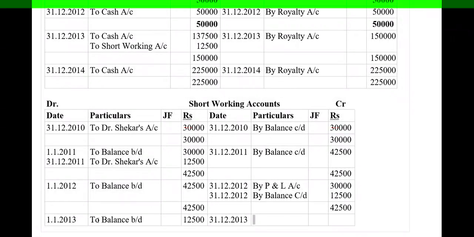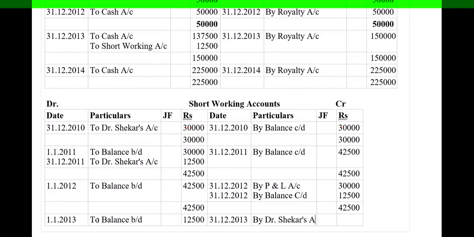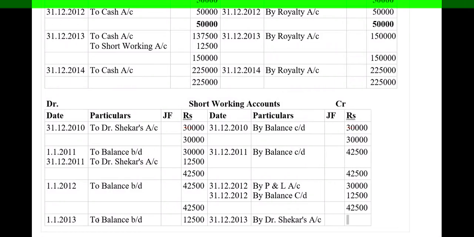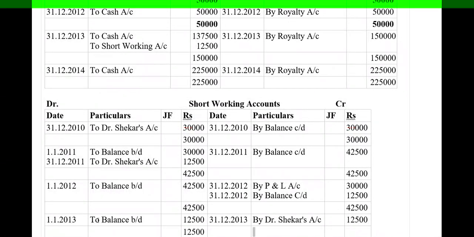It is recovered here. So when it is recovered, then the entry will be Dr. Shekhar's account will be short working. So short working account is credited by Dr. Shekhar's account. So here 12,500. So this account will not have any balance here. So 12,500. So here also 12,500.